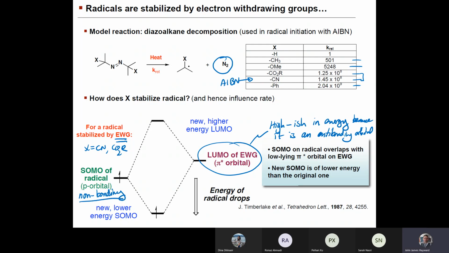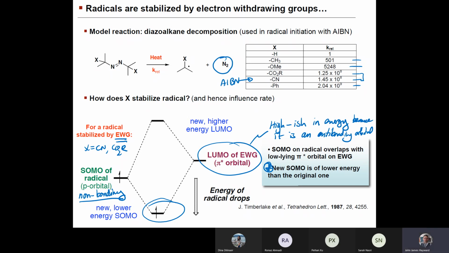When the non-bonding SOMO interacts with the LUMO, you form a bonding and anti-bonding combination, and we generate a new SOMO that is lower in energy than the original one. So the energy of the radical drops. In actual fact, the energy of the whole system drops, and therefore overall the radical is stabilized by an electron withdrawing group.